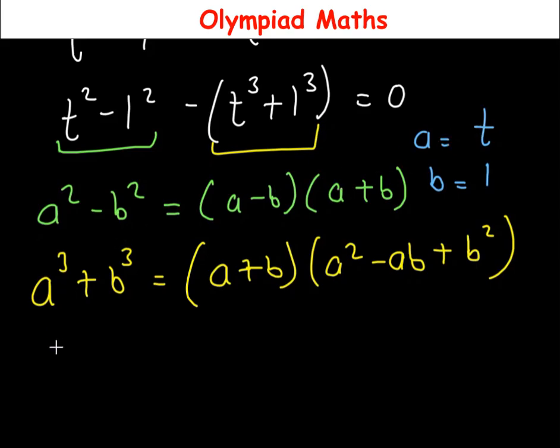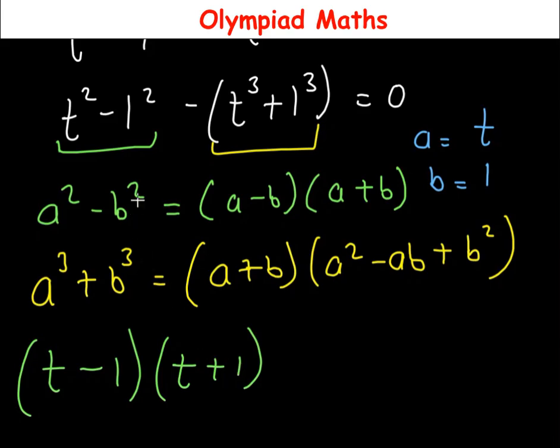So a is t, so t in brackets, a is t, then minus b is 1, then multiplied by a is t, then plus b is 1. Okay, so we have expanded this. The next one is to work on this. We have minus, okay, then in brackets, this minus is minus right here, then a is t plus b is 1, all multiplied by a squared.